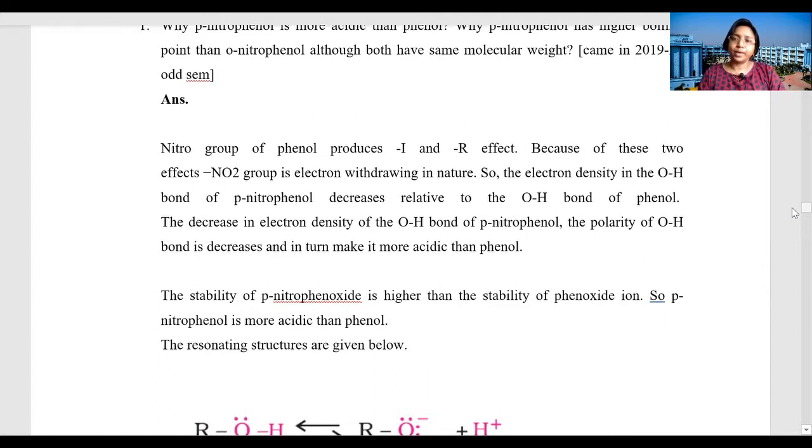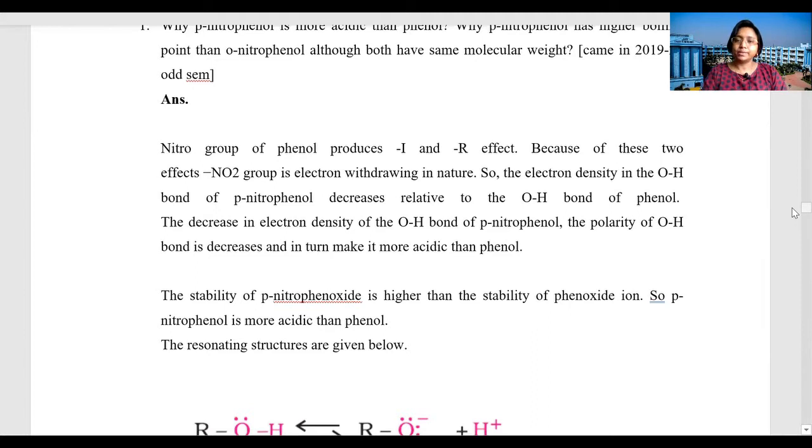In phenol there is no nitro group, so there is nothing to withdraw electrons from the benzene ring or from the OH. But in para-nitrophenol there is the nitro group, which is electron withdrawing due to the minus I and minus R effects.